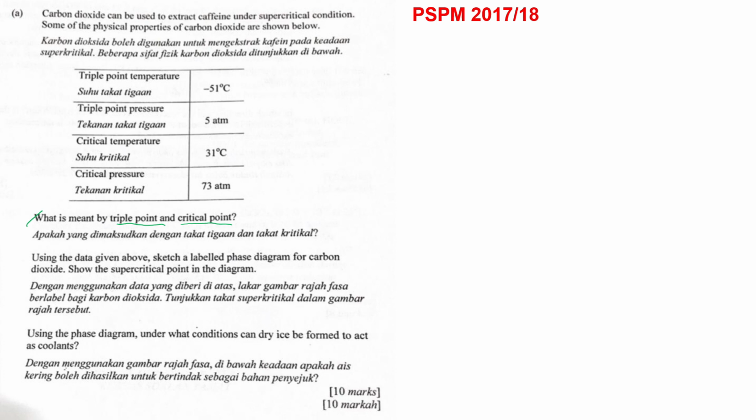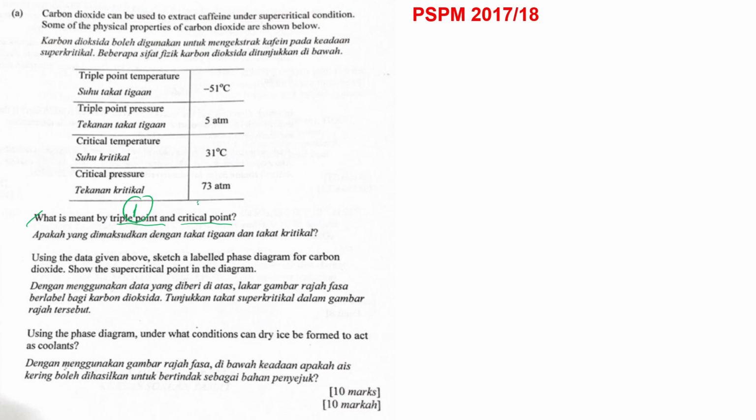Triple point is defined as the temperature and pressure at which the three phases, vapor, liquid and solid, are in equilibrium. So 1 mark for the definition of triple point.